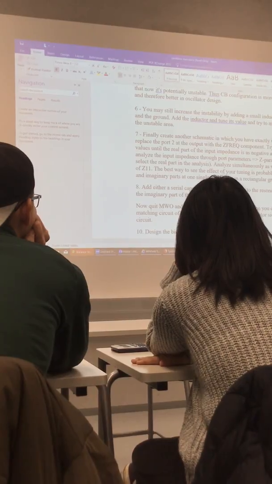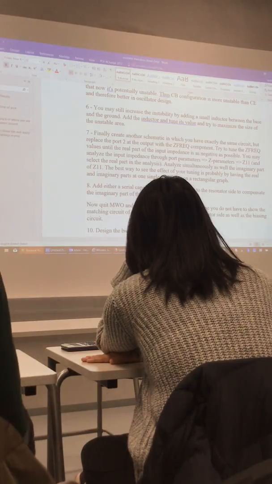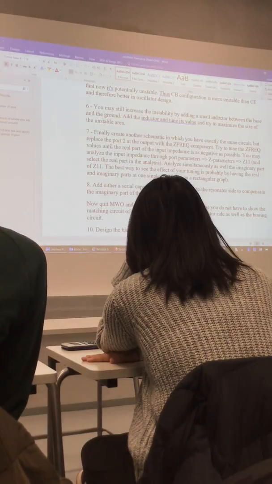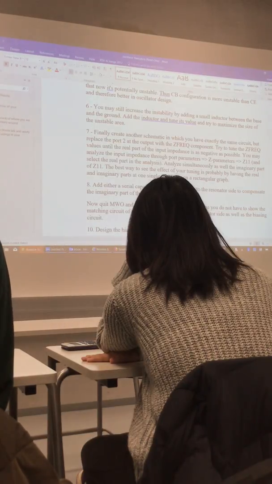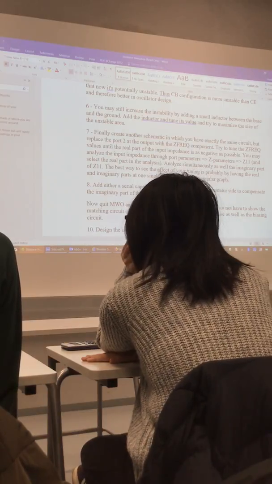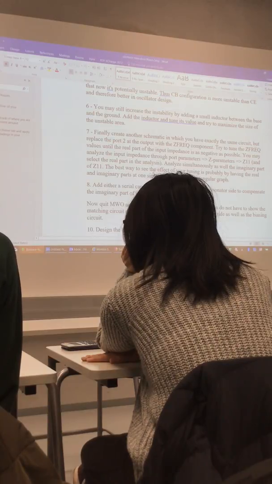You may analyze the input impedance through port parameters, Z parameters Z11. So I take the whole stuff. The whole stuff has the transistor and the Z-FREC. And each input impedance should be negative. Therefore, I would like to see the input impedance as well when I tune my Z-FREC value.